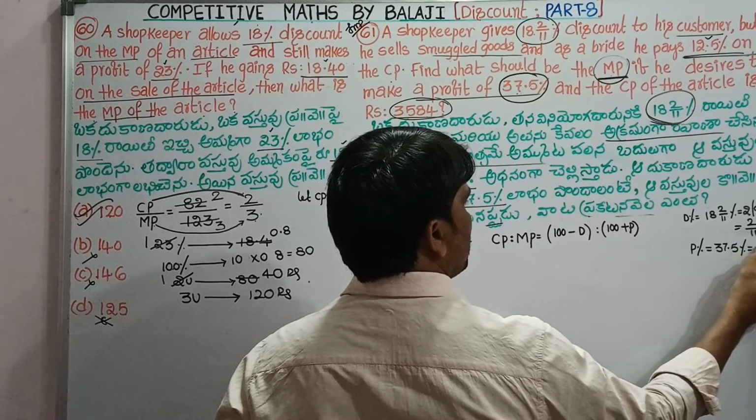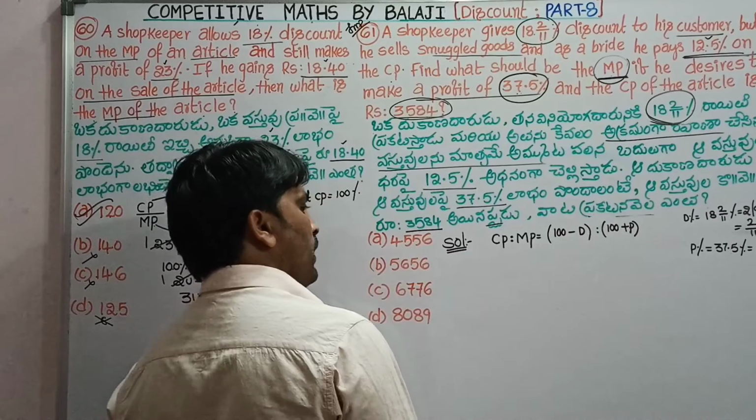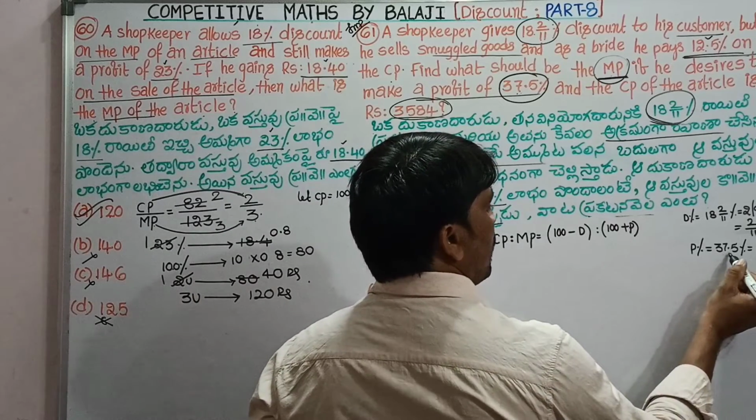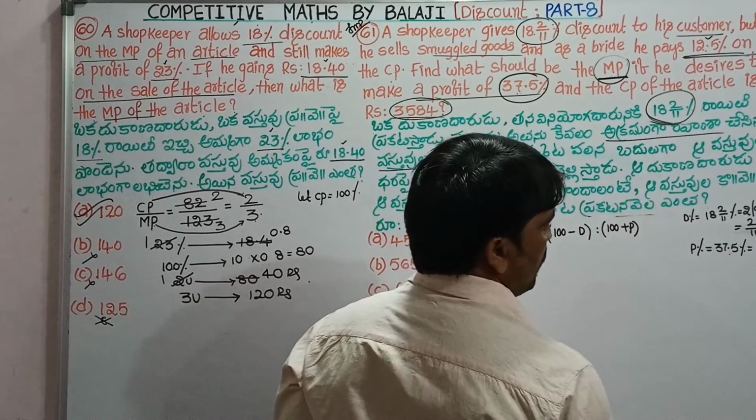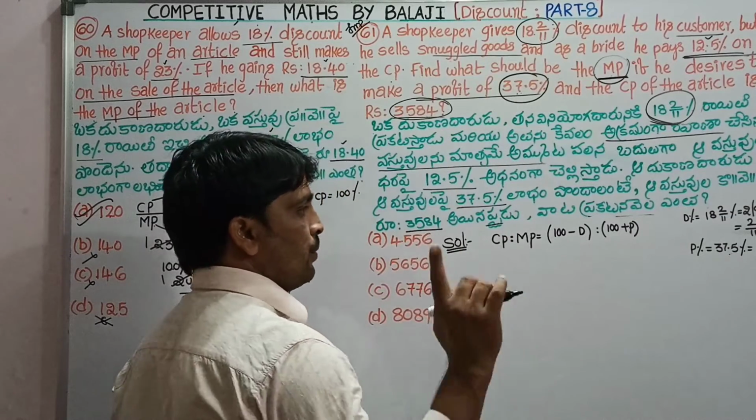37.5% as a fraction value is 3 by 8. If anyone cannot understand how a percentage is written in fraction form, please go through percentage class 1.